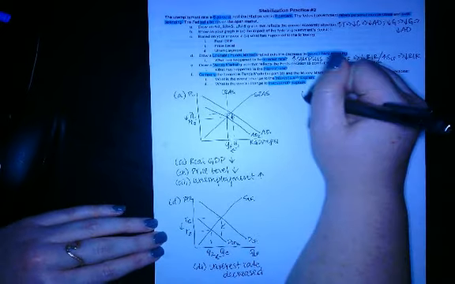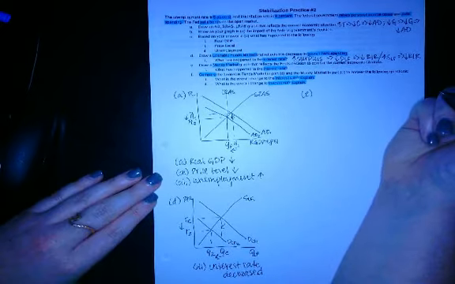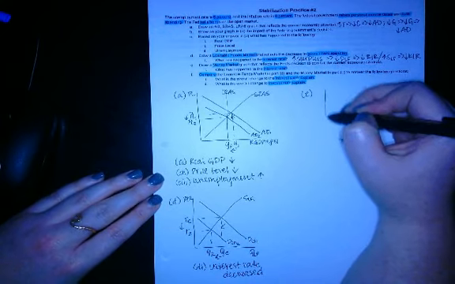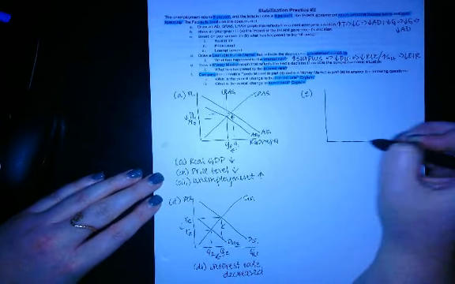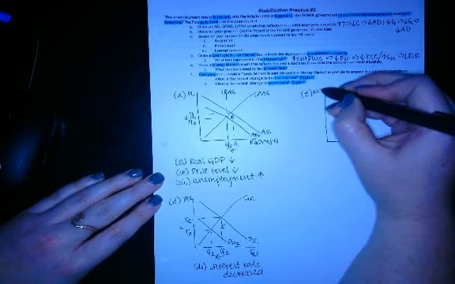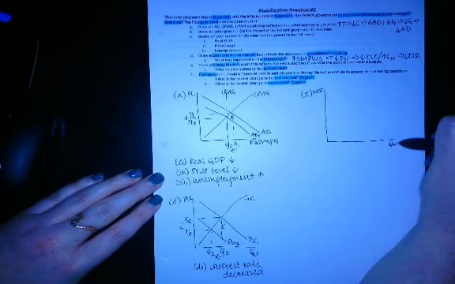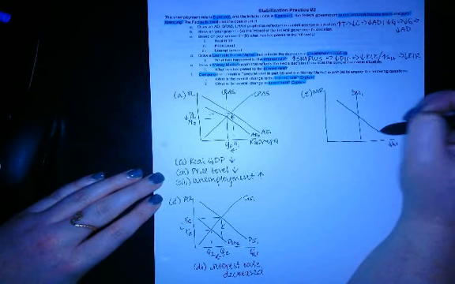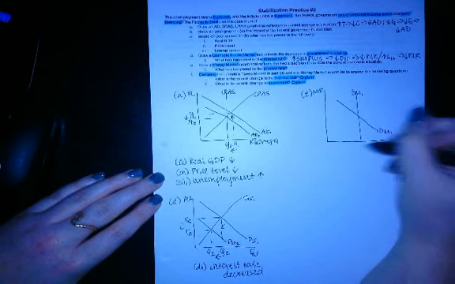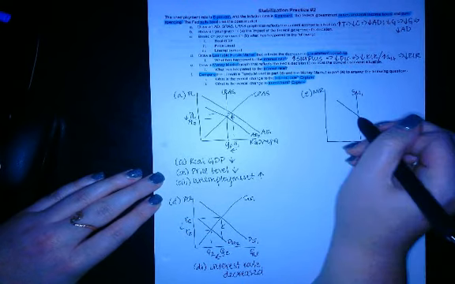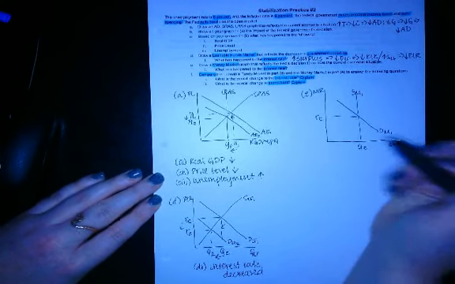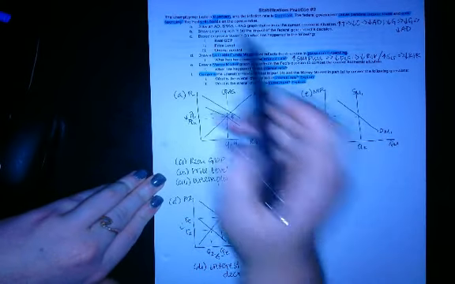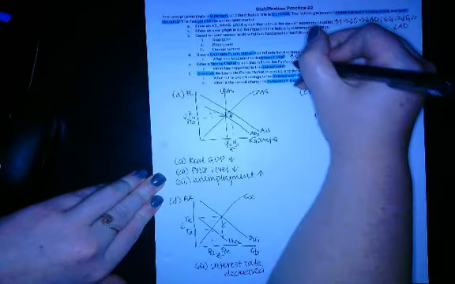E. Draw a money market graph that reflects the Fed's decision to combat the current economic situation. Go ahead and draw our money market here. We have our nominal interest rate and our quantity of money, supply of money, and then our demand of money. We label our equilibrium points. So we refer back to our little introduction part here, sell bonds.